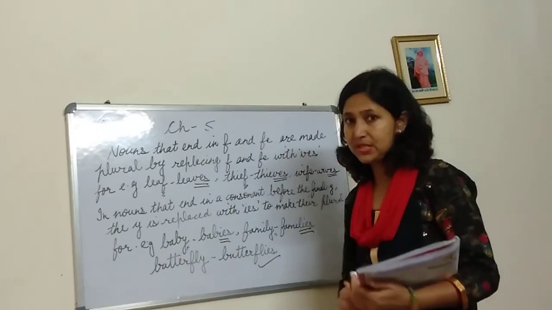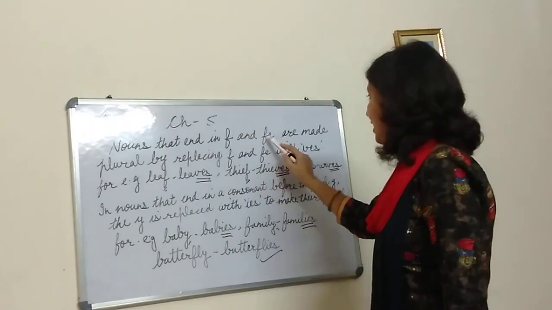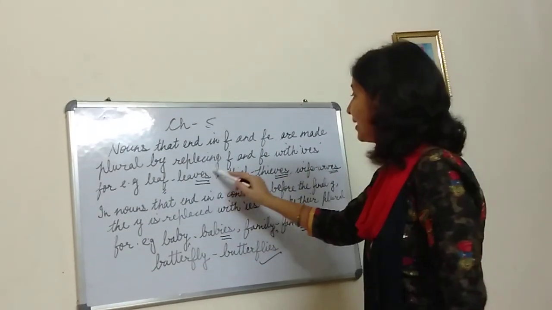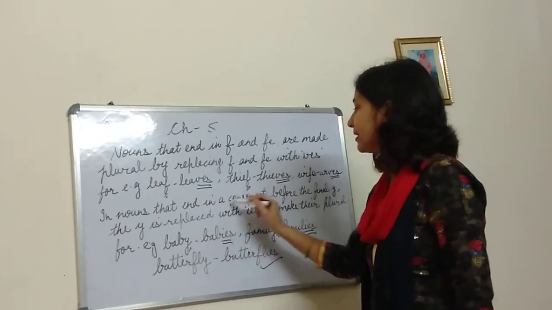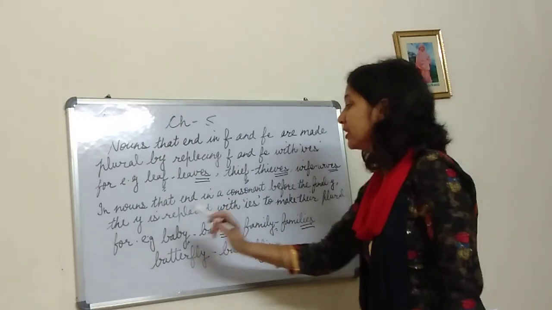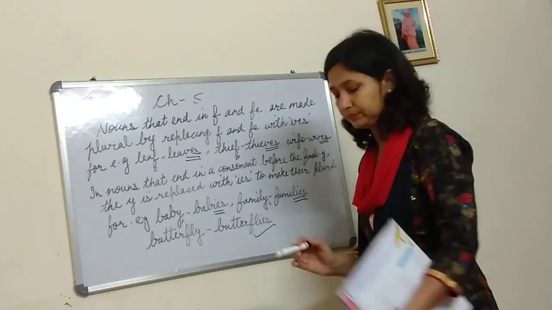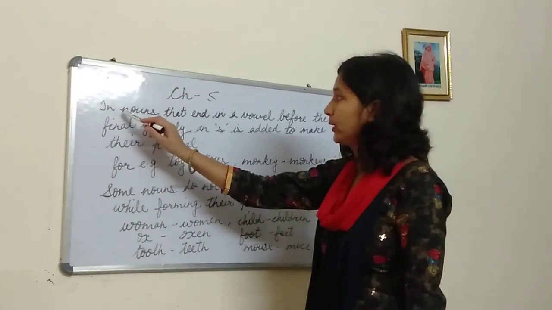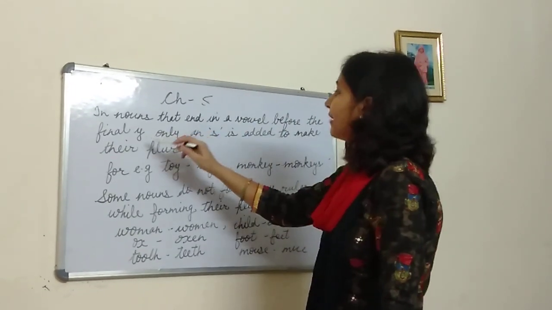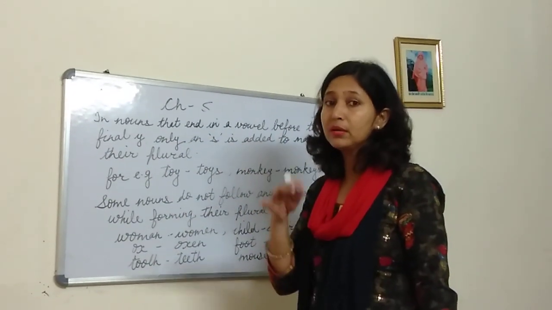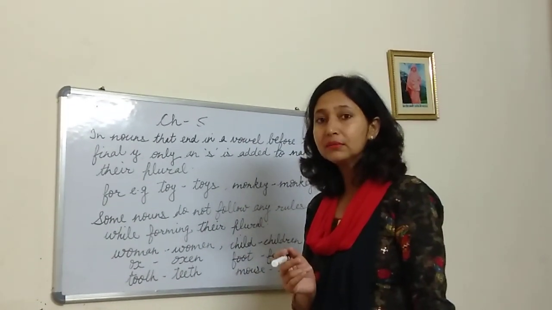These 2 rules, I am repeating, children. Nouns that end in f and fe, replacing f and fe with ves. Then in nouns that end in a consonant before the final y, y is replaced with ies to make the plural. In the last rule, I told you in nouns that end in final y, but before the last letter y, consonant is there, we add ies.